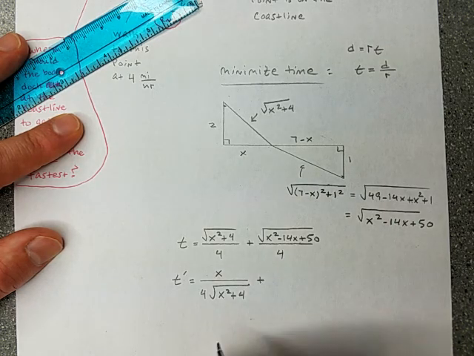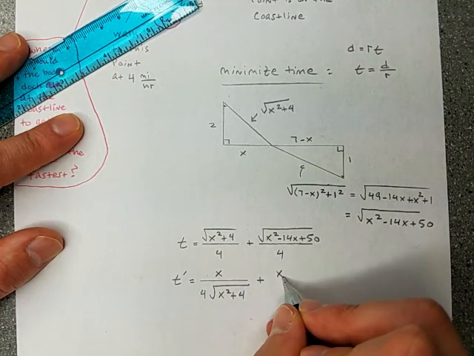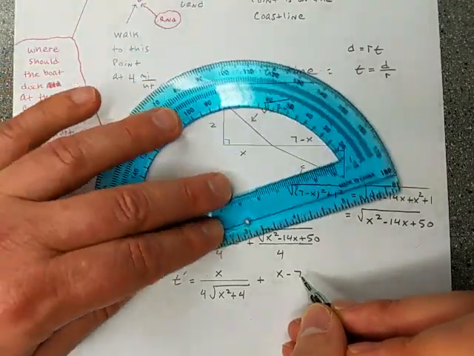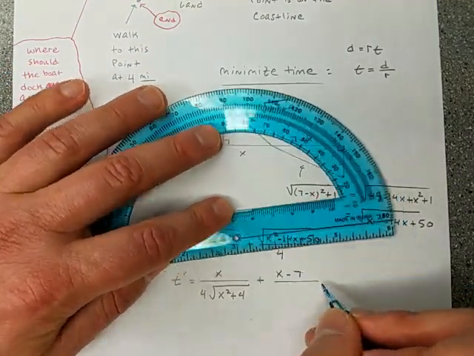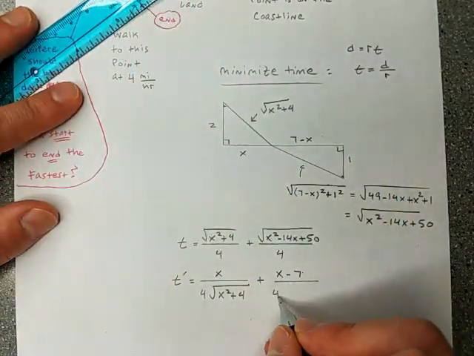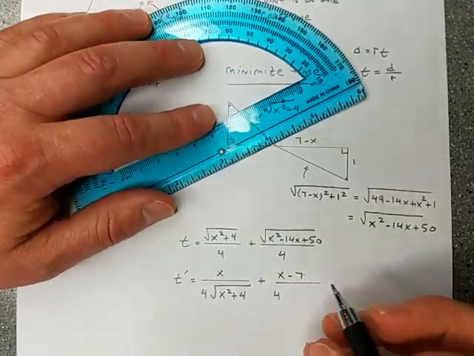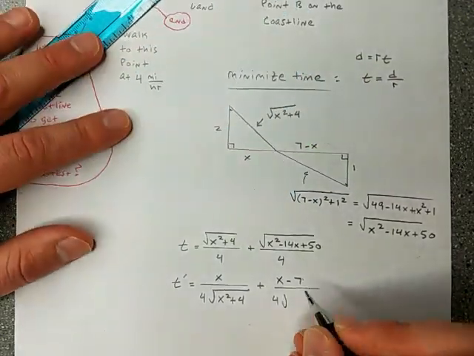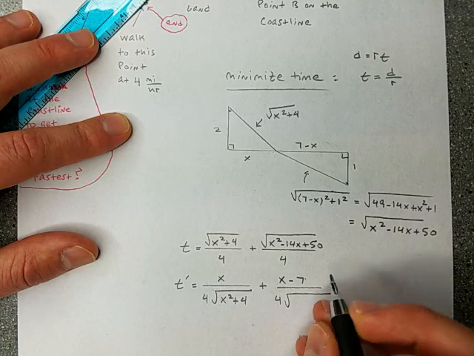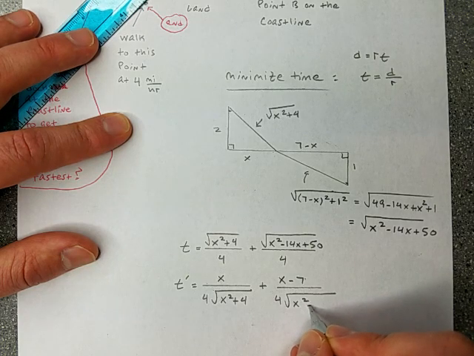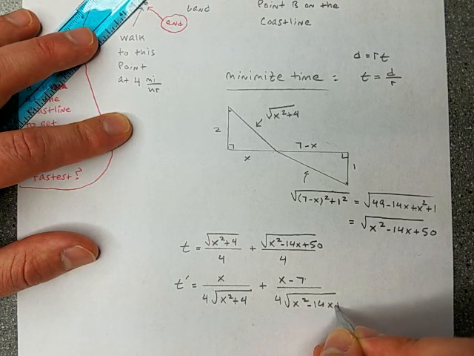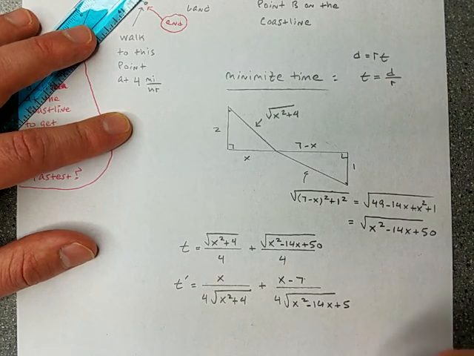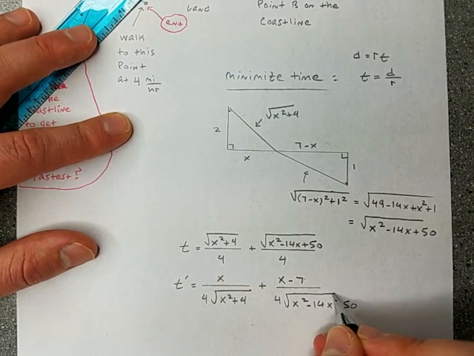For this other one, it's going to be x minus 7 over 4 root x squared minus 14x plus 50. All right.